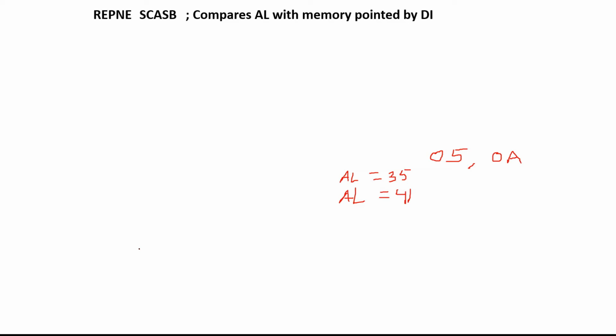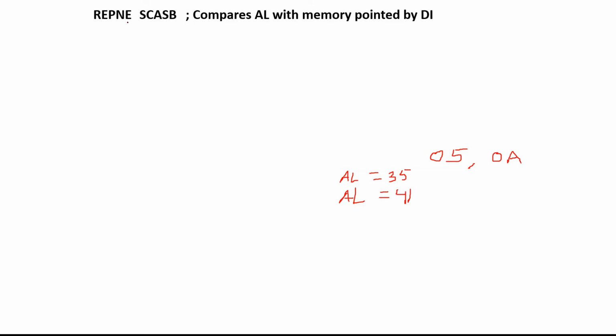It will compare the content of AL with the memory at ES:DI. So whatever you have in the memory location of the extra segment, ES:DI, will be compared with the content of AL. Now my AL contains 54. So every time it will be compared with the byte of data present in DI, and I will continue this comparison or scanning as long as they are not equal.